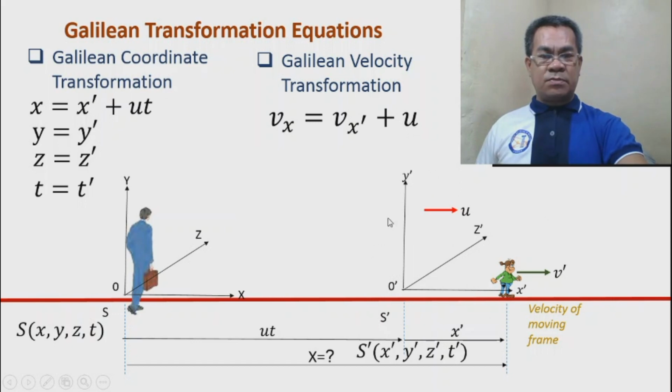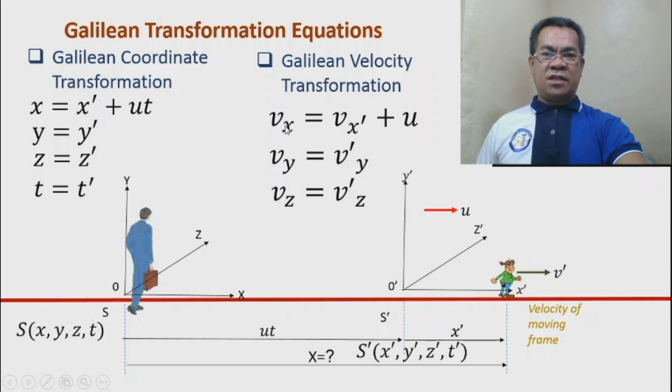U corresponds to the motion of the moving inertial frame. With respect to y, since there's no change in y, whatever the velocity along y is, it is the same as the velocity prime along y. The same goes for z, so it differs only along x.